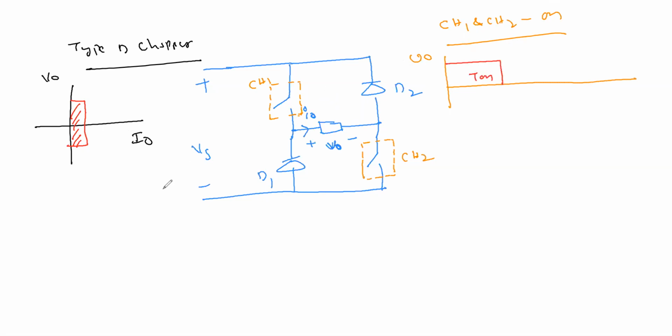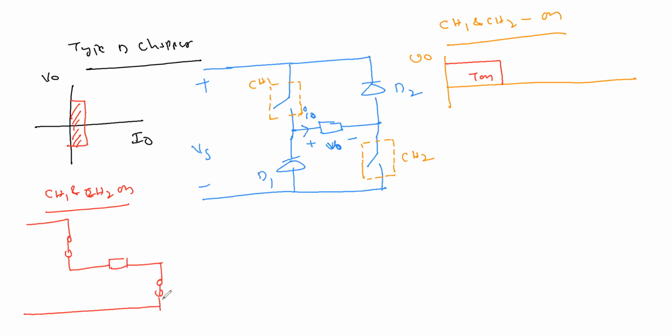This one is on, right? So let me draw CH1 and 2. I'm drawing this. Chopper is on. Load, and Vs. And this is V naught.